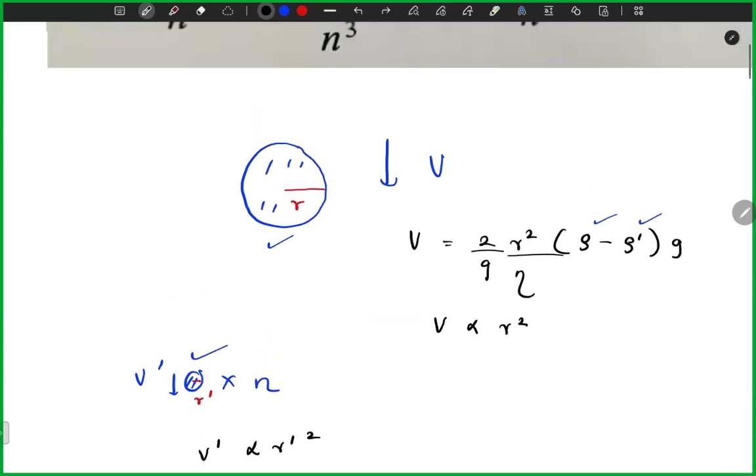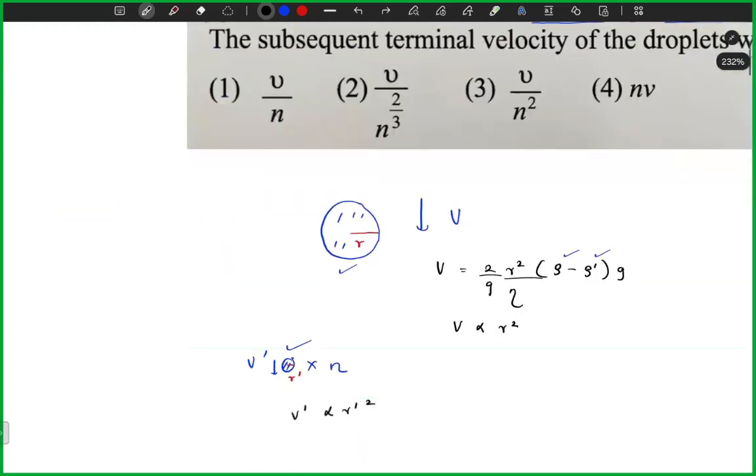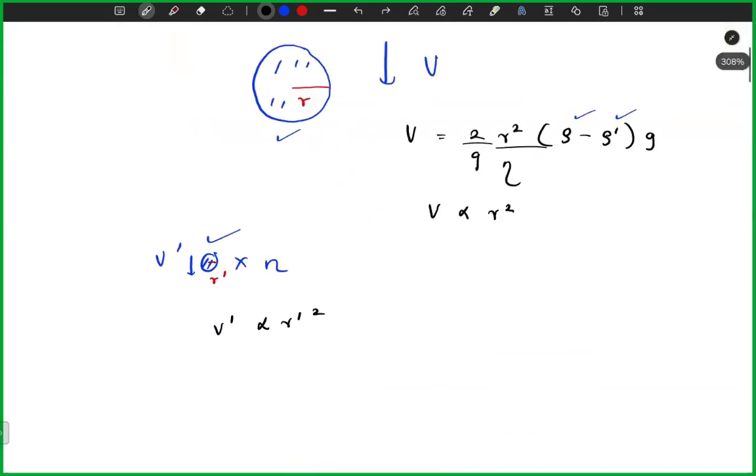Now I need to relate the terminal velocity of a small droplet to the terminal velocity of the larger droplet. Okay, so now can you see I need to find out a relationship between what? The two radii. And that's an easy matter. Why is that an easy matter? Because I can relate the two volumes together.